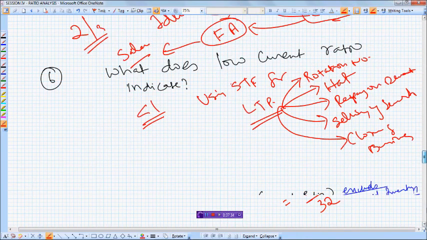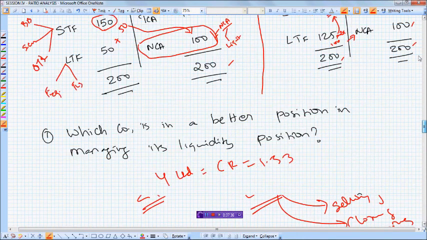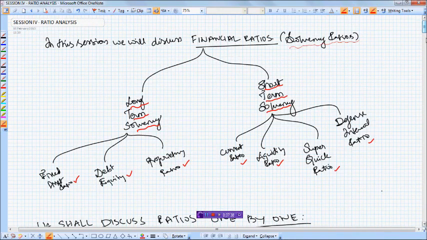In this session, we have basically discussed short-term solvency and long-term solvency ratios. Under long-term solvency, we have seen the fixed asset ratio, which measures the extent of contribution of long-term funds for creating fixed assets.